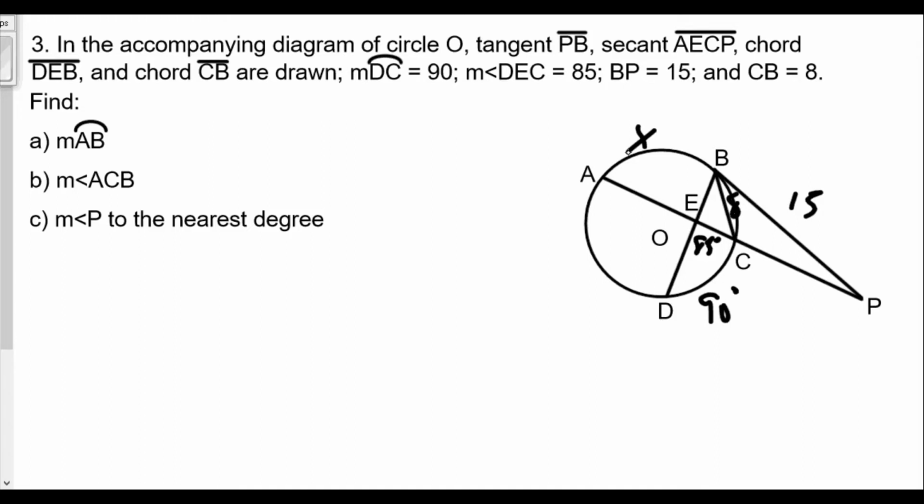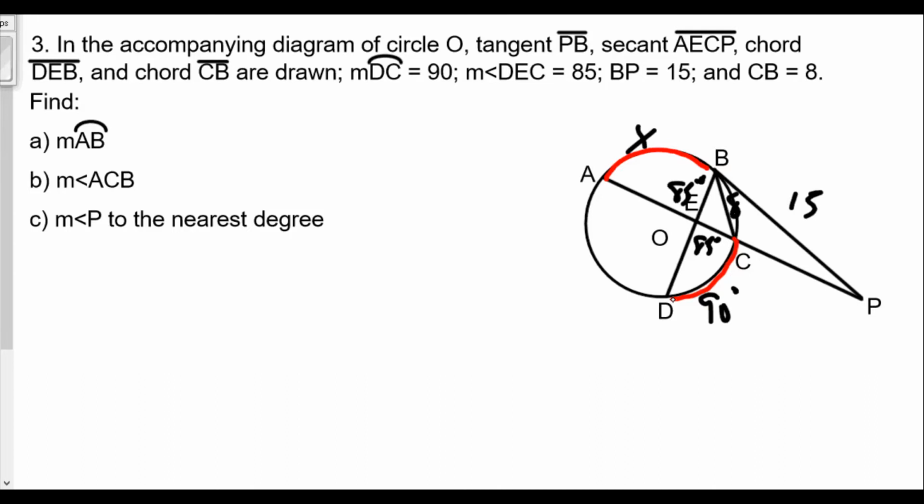To find this measurement, usually we use this: angle DEC is vertical to angle AEB, so they're both congruent and both 85 degrees. However, these two angles intercept the following arcs: arc AB, the arc we're looking for, and arc CD, the arc we know. Now there's a formula when two chords of a circle intersect and form angles.